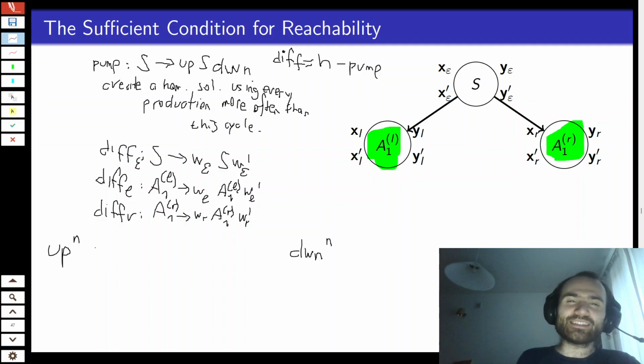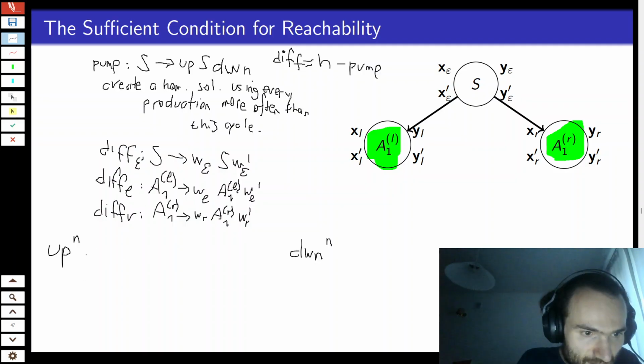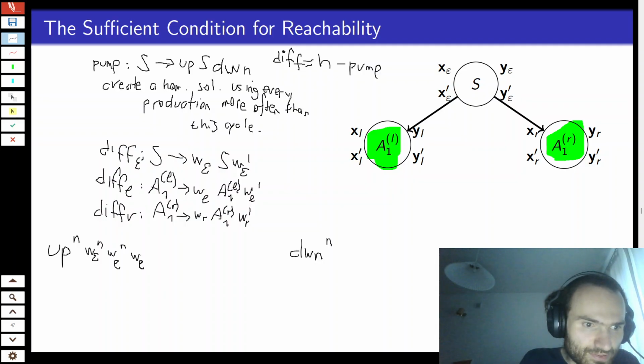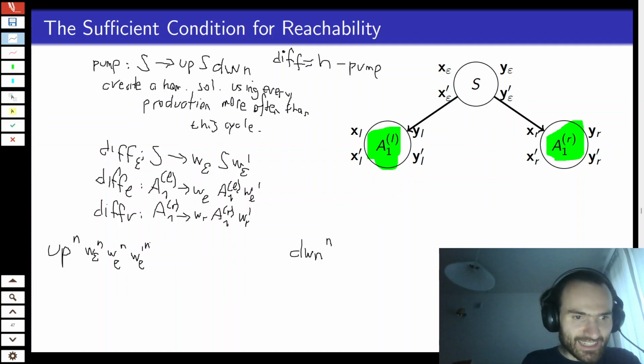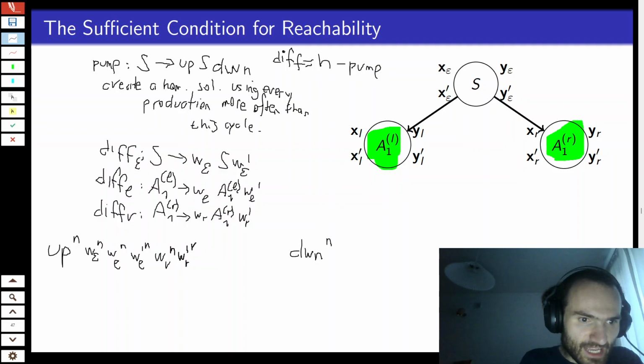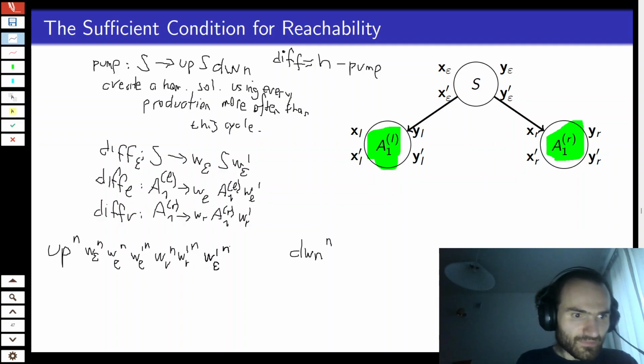If we do the difference n times, then we know that in total we did not cause any effect. So here we do exactly what we analyzed before. W epsilon to the n, WL to the n, WL prime to the n. It's not WR yet, we are still in the left SCC. Then WR to the n, WR prime to the n, and finally W epsilon prime to the n.